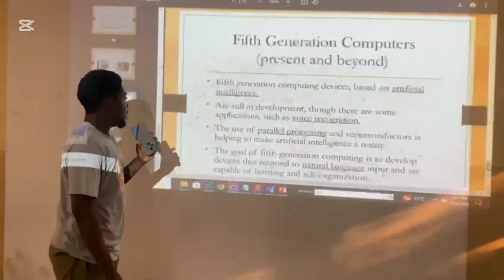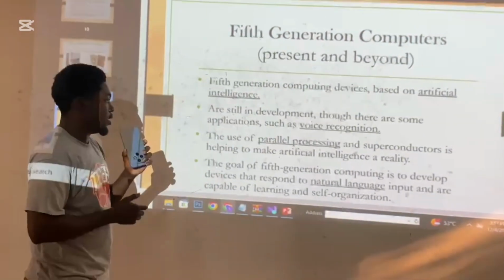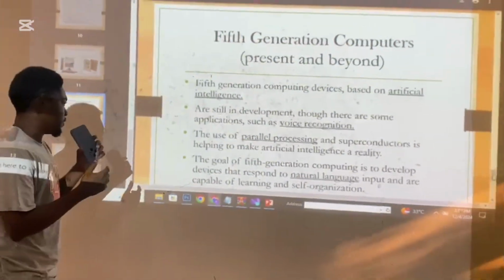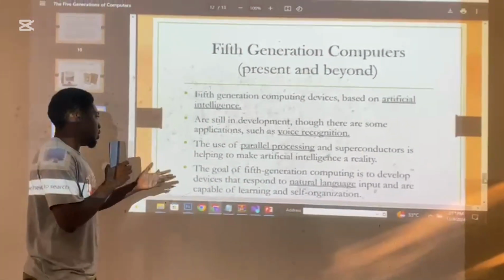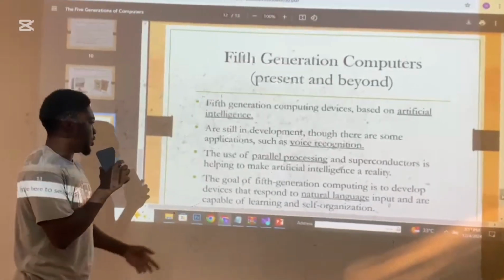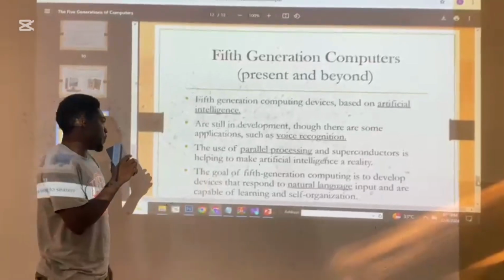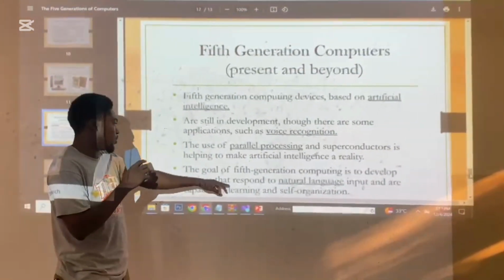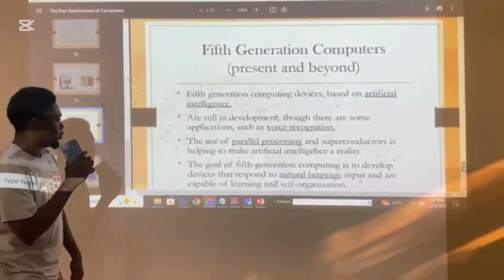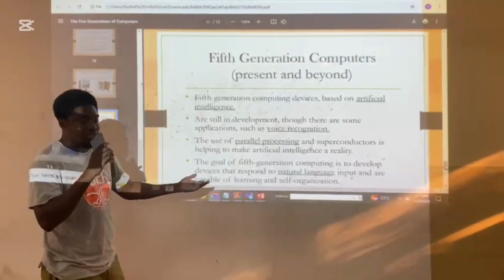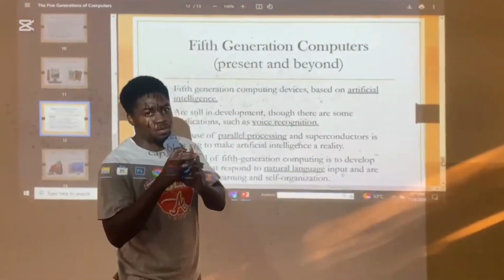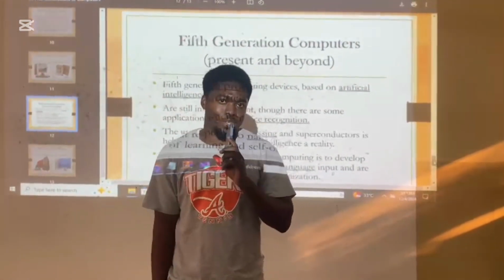The use of parallel processing and superconductors is helping to make artificial intelligence a reality. The goal of fifth generation computing is to develop devices that respond to natural language input and are capable of learning and self-organization.